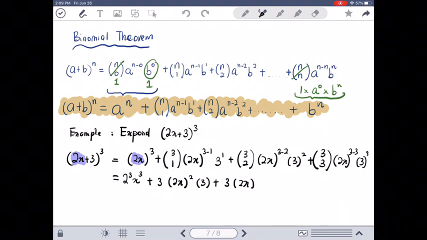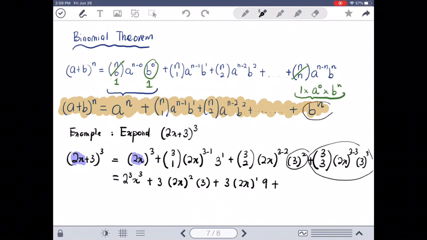Then (2x) to the power of 3 minus 2 is just 1. 3 to the power of 2 is just 9. Plus 3C3. We know that this is the last term. The last term is just equal to b to the power of n, which is this will produce 1. This will produce 1. It's just 3 to the power of 3. So 3 to the power of 3 is equal to 27.